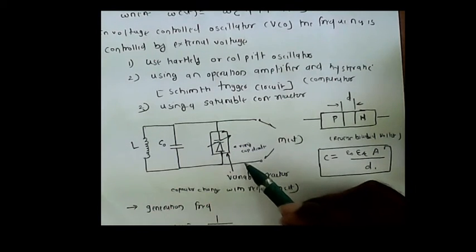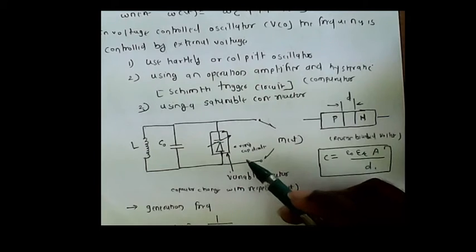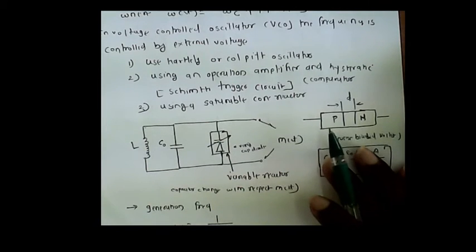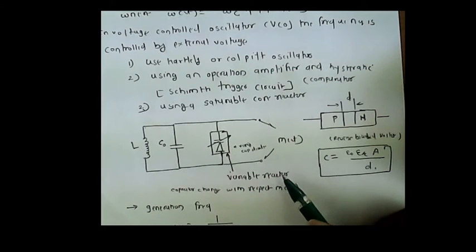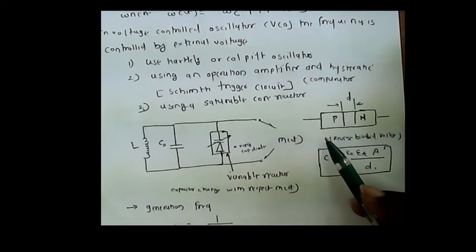This varicap diode, or variable capacitor diode, is nothing but a normal PN junction diode.